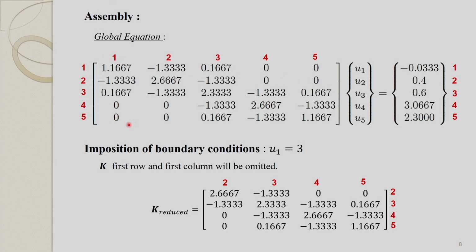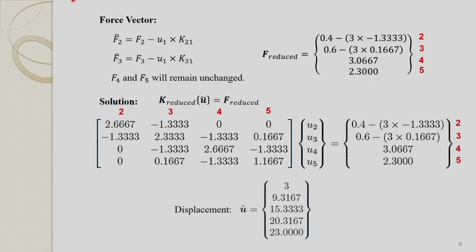We have the reduced stiffness matrix from second row to fifth row and second column to fifth column, and because it is a non-zero essential boundary condition, the force vector will be changed.